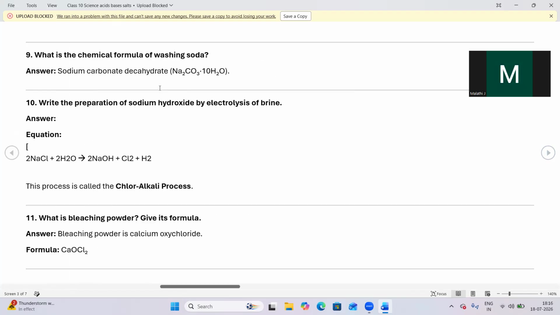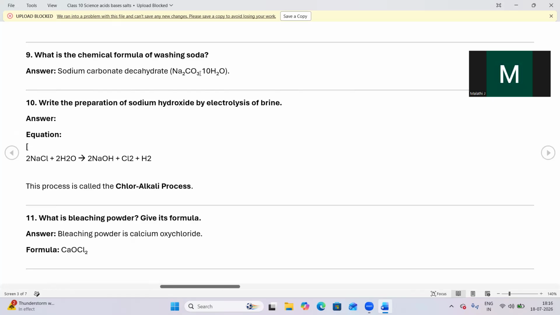What is the chemical formula for washing soda? Sodium carbonate, Na2CO3 dot 10H2O, decahydrate. The 10H2O indicates water of crystallization, the number of water molecules present in one unit of the salt or compound.